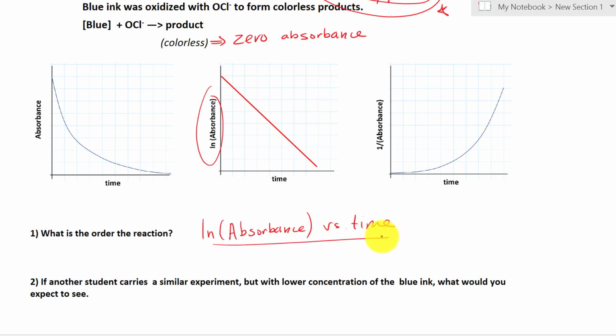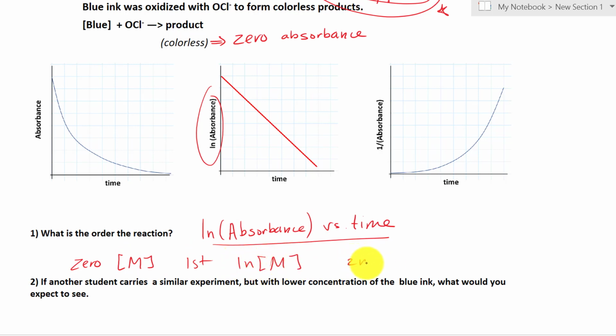This gives us a straight line, which means it is going to be first order, because for zero order it would be just the concentration itself, and for first order is the natural log of the concentration.